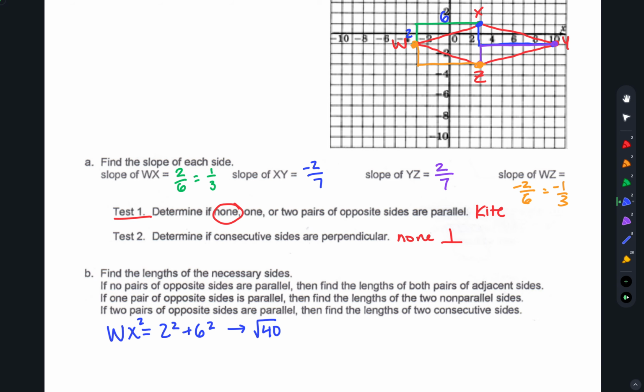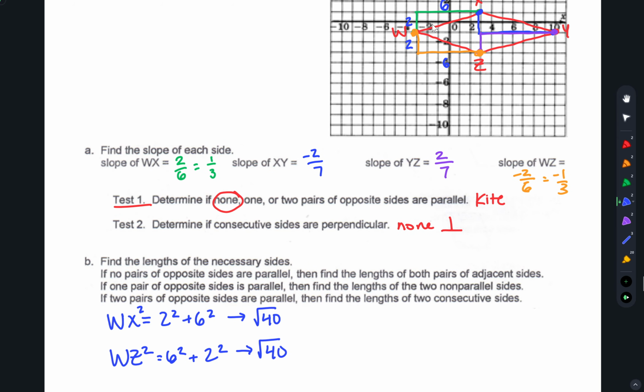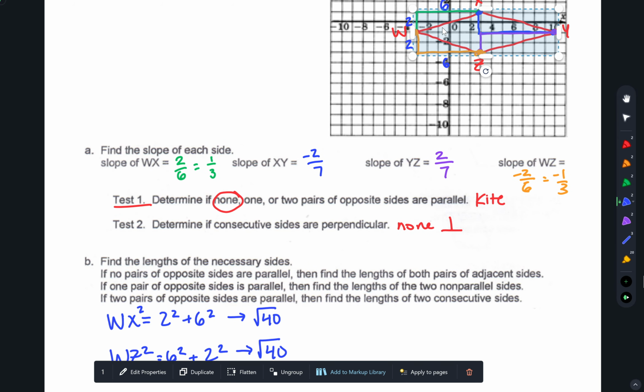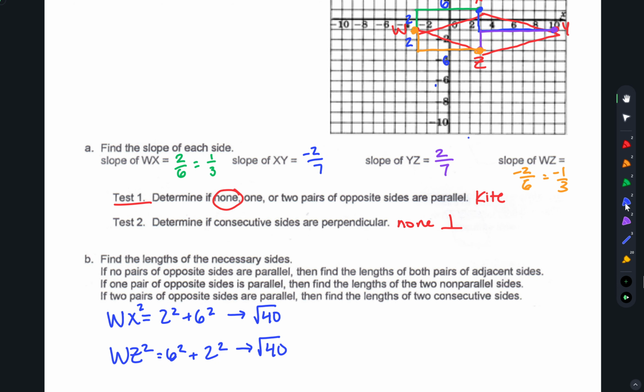WZ is also going to be the square root of 40 because this is also a 2 by 6. So those two sides are congruent. And I'm going to mark that in my diagram up here maybe if it lets me draw. Uh-oh. Hello? Oh, there we go.